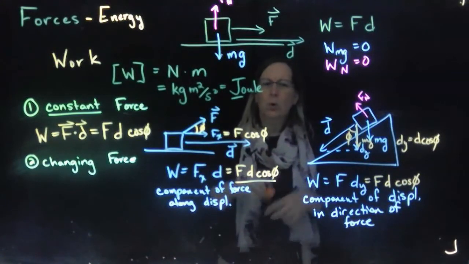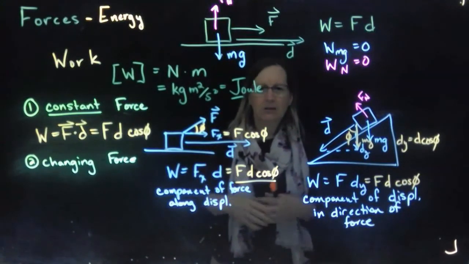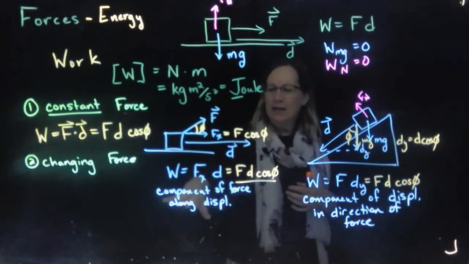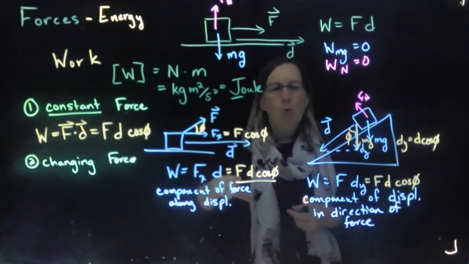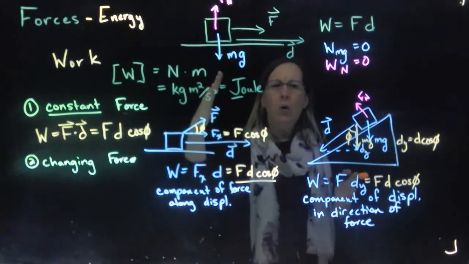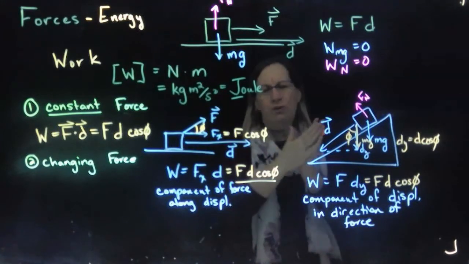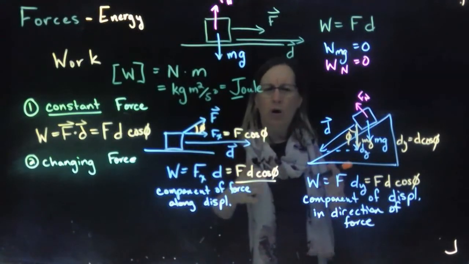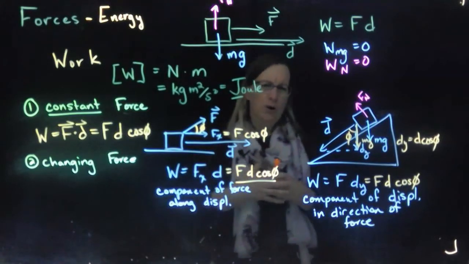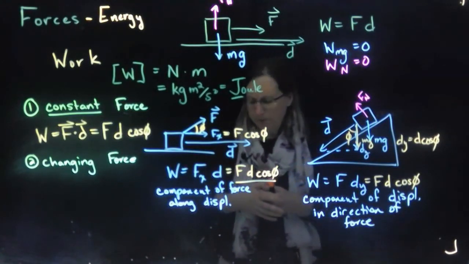That is what our dot product gives us. That's the type of vector multiplication that gives us the component of one of the vectors times the other, times the angle between them, or the amount the two vectors line up, which is what we want. Work is a measure of the force in the direction of the displacement.